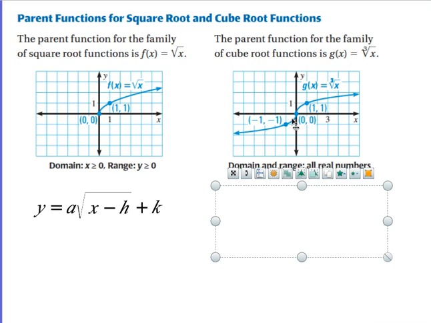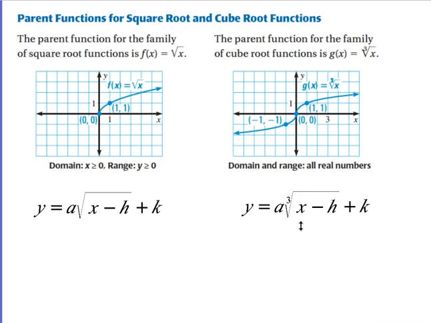And for that reason, we can have a domain that is all real numbers. And same thing for the range. As you can see, this graph, no matter what the x value is, is either going to go towards negative infinity in the y direction or positive infinity as x goes to positive infinity.